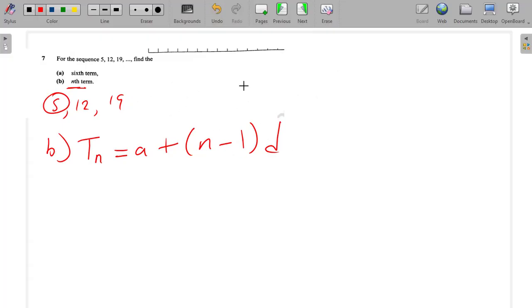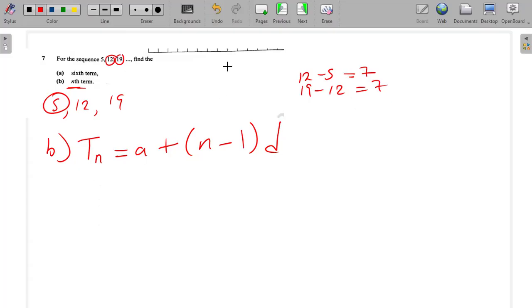So if we do 12 minus 5, the difference is 7, right? And then if you do the same for these two neighboring terms, 12 and 19, 19 minus 12, the sequence difference is also 7. So you can see the value of d is 7.